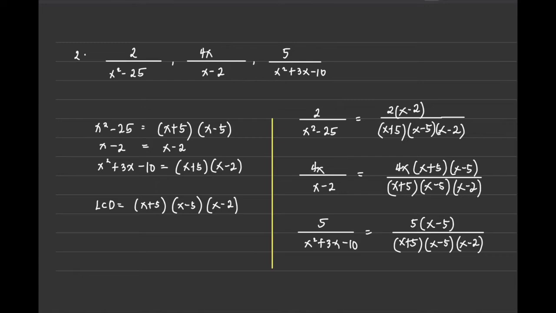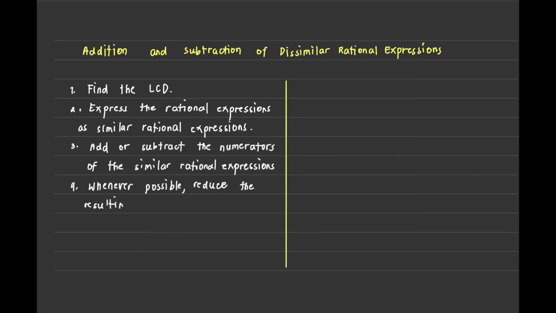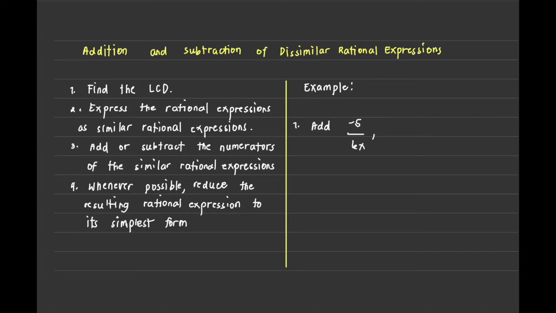After knowing how to find the LCD and to get the equivalent rational expression, we may now add and subtract the dissimilar rational expressions. Example number 1. Add negative 5 over 6x, 4 over x, and 9 over 8x squared. The LCD of the given expressions is 24x squared. We now get the equivalent expressions.